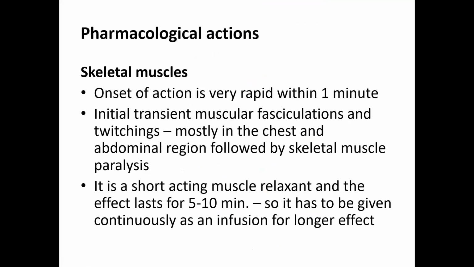It is a short-acting muscle relaxant, and the effect lasts for 5 to 10 minutes. Because of its shorter duration of action, if we want to extend its actions, we have to give it as a continuous infusion.